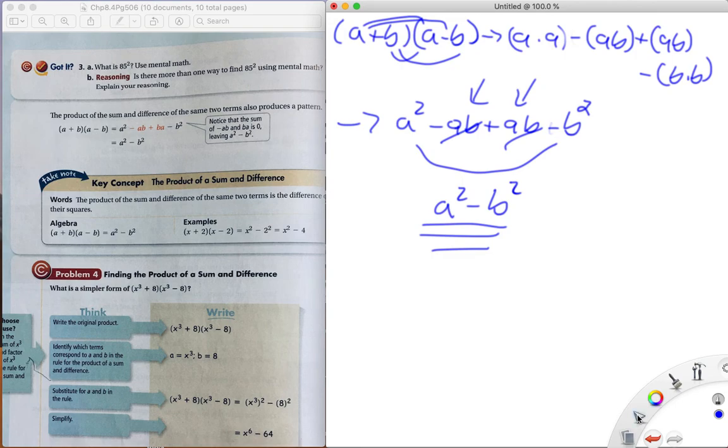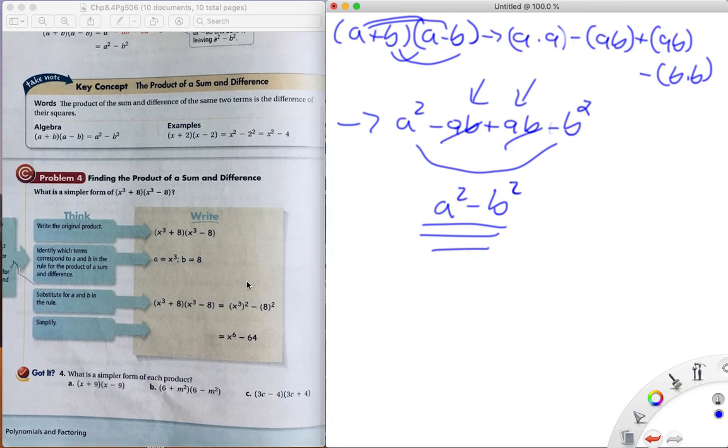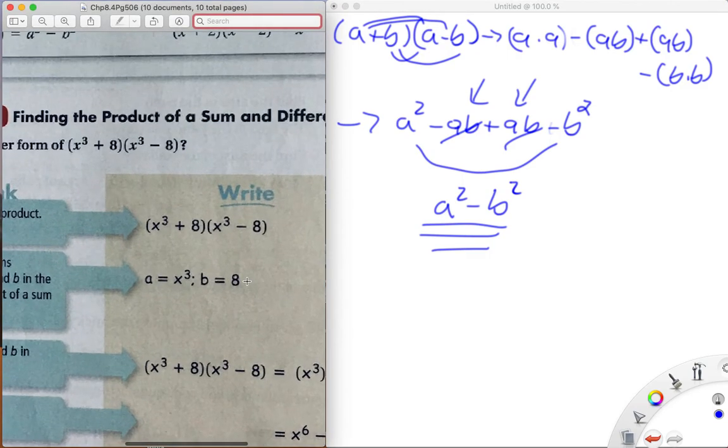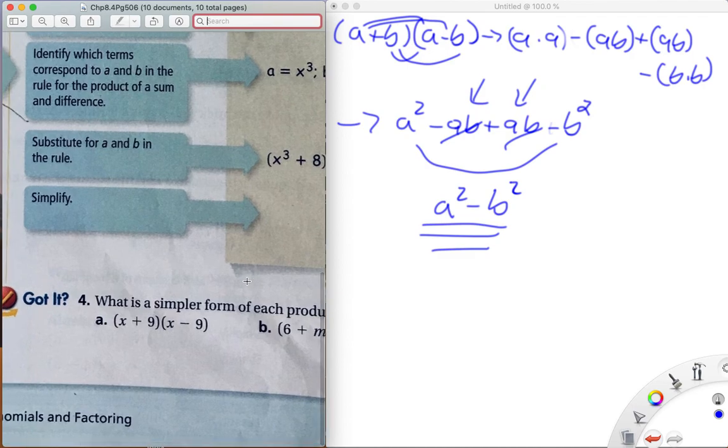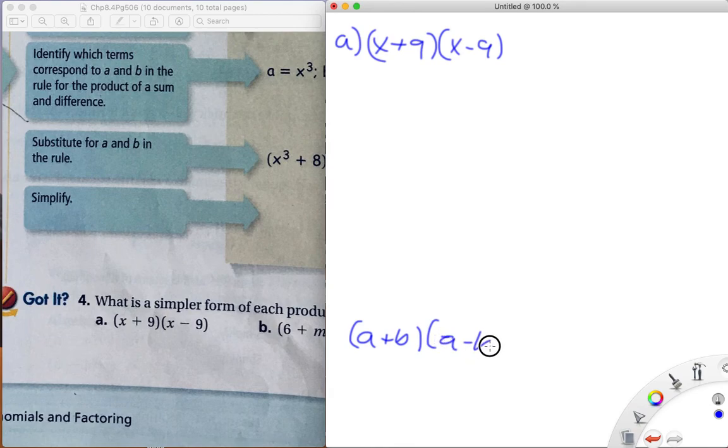So examples of this, they give us 3. Got it, 4a: x plus 9 times x minus 9. So again, a plus b times a minus b gives me a squared minus b squared. So I look at this.